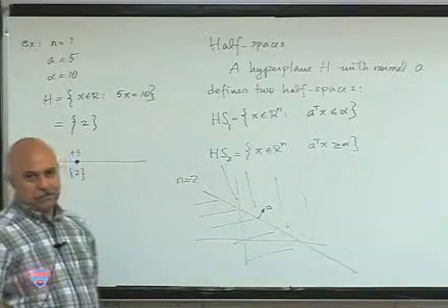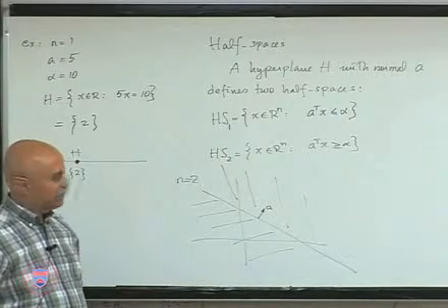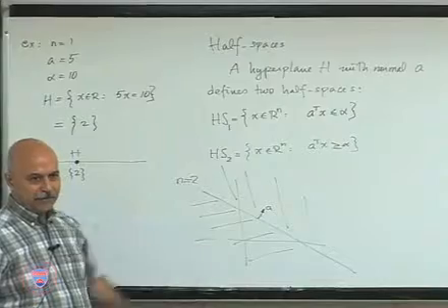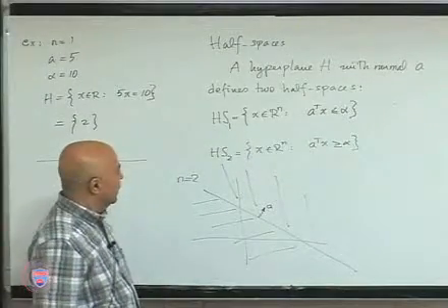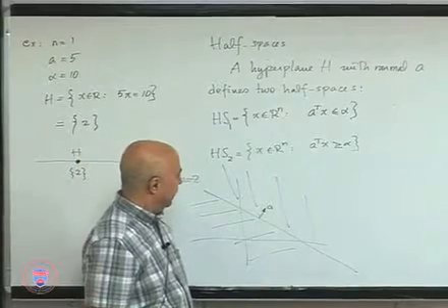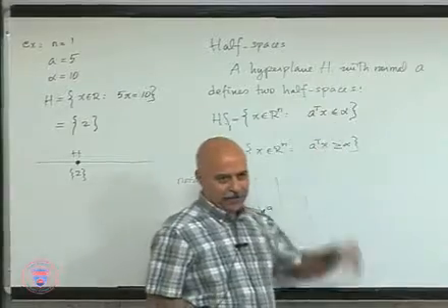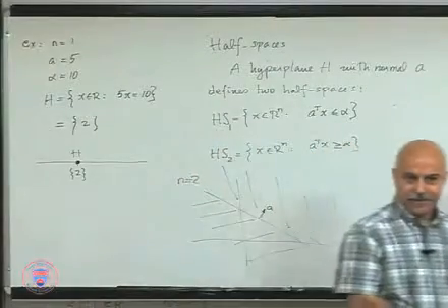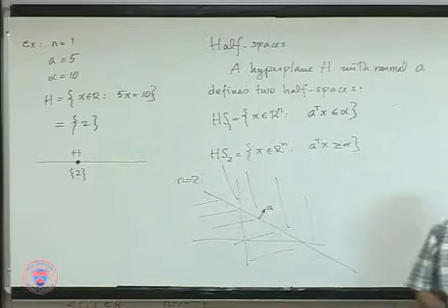Which one is which? Which one is the less than or equal to one? You can figure that out. It might also depend on alpha, or does it? Yes, good.